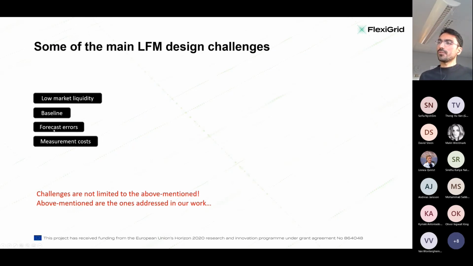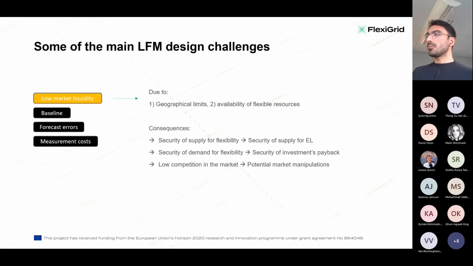It's not only limited to this, but these are among the ones that are mentioned a lot, and also these are the ones that we have tried to address in our work. So, low market liquidity. Maybe first, what liquidity means, in simple words, is that if a market is liquid enough, then you will be able to buy or sell easily and without impacting the price in the market.